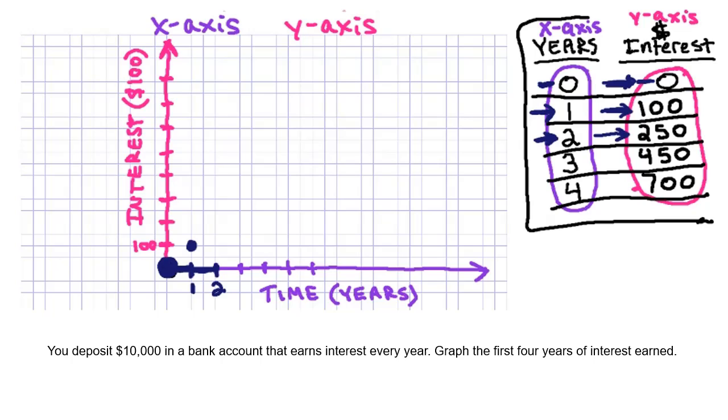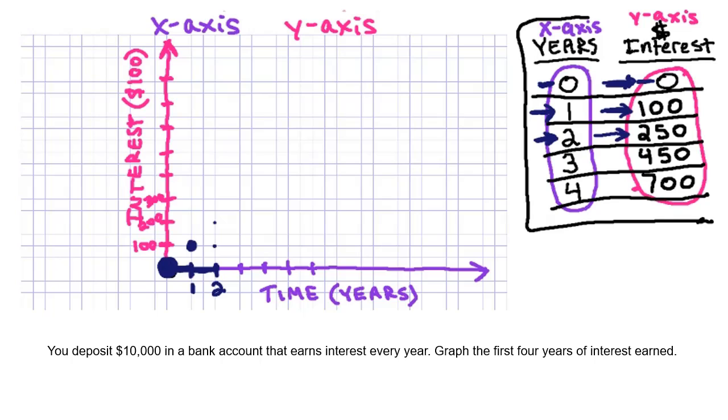So remember, we had $100 was this first 2 squares, and then $200 is going to be the next 2 squares. Let's mark that 200. And then the next increment is going to be 300. So how do we graph 250?